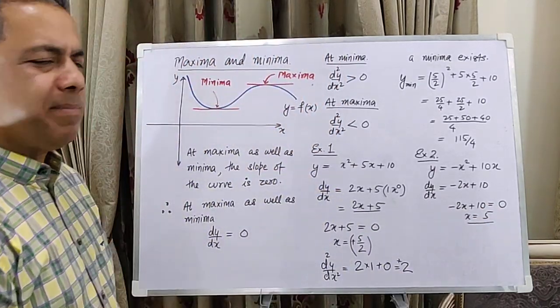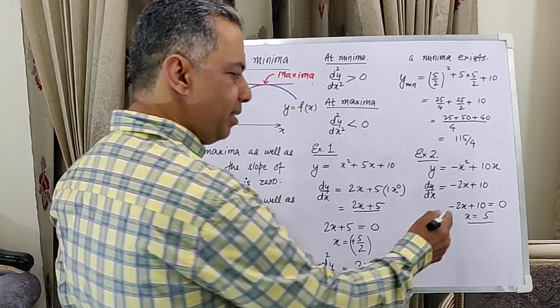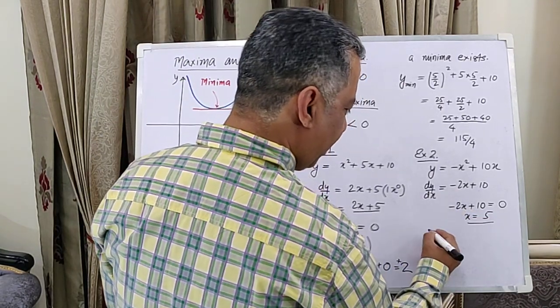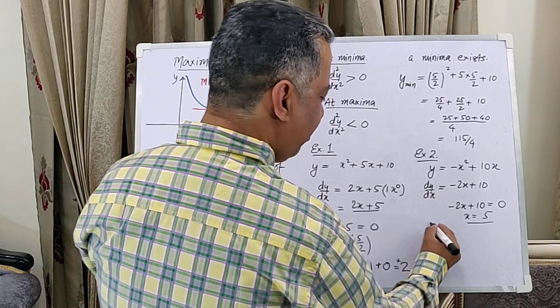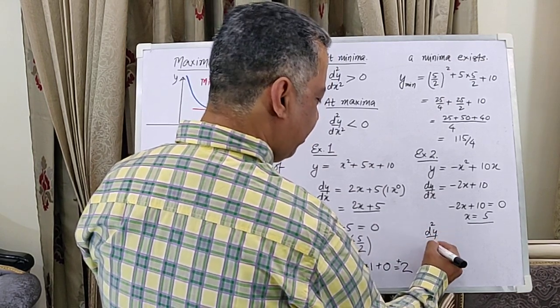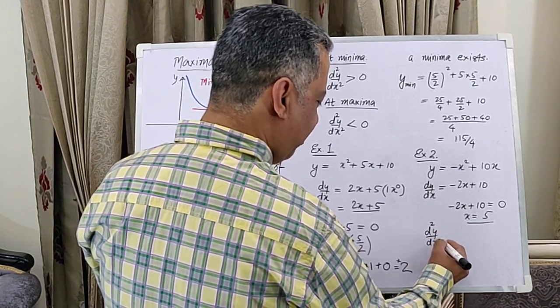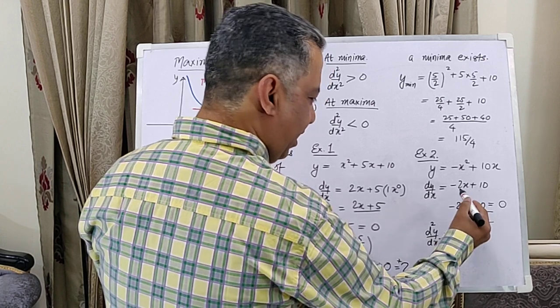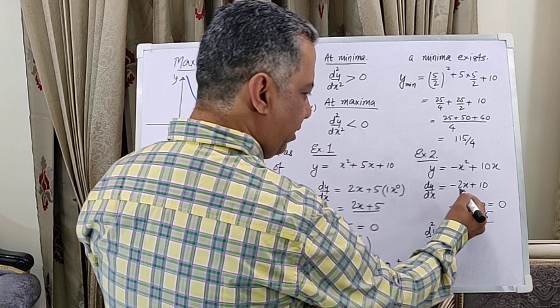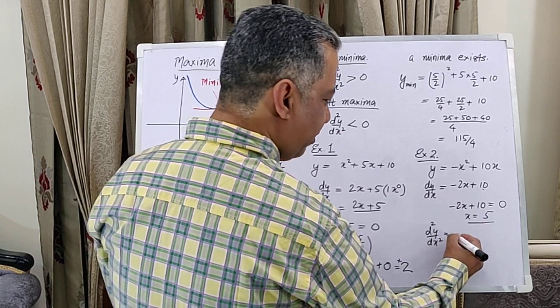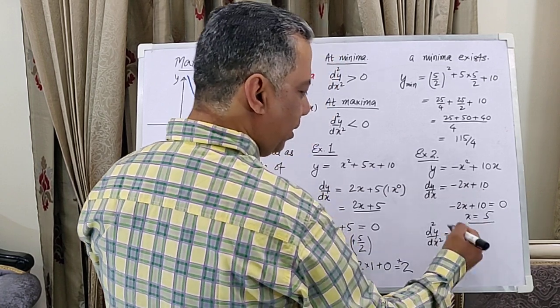Now we have either a maxima or a minima at x equal to 5, and to figure out whether we have a maxima or minima, we do a double derivative. We do double differentiation. We take a derivative of the derivative. Now 10 is a constant, the derivative is 0, and for minus 2x the derivative is minus 2.